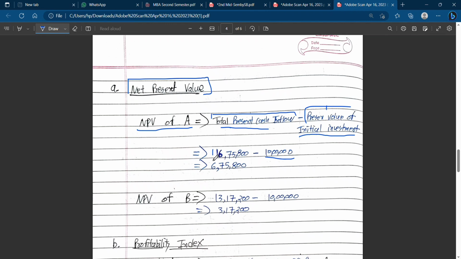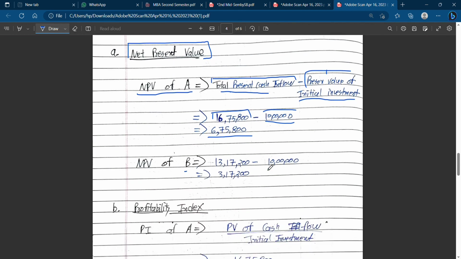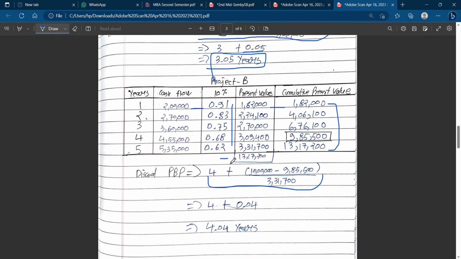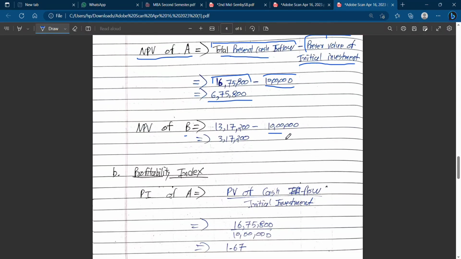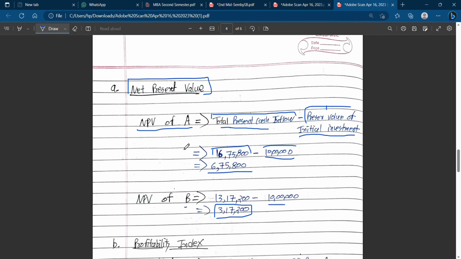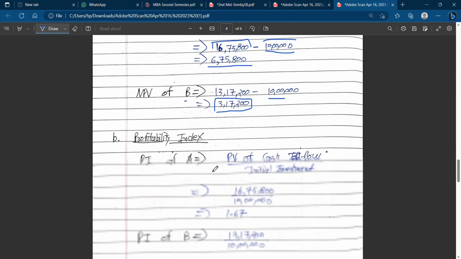So our total present value minus the initial outflow is our net present value. For project B we do the same: the total present value minus the initial investment. The greater amount means the better project. So according to net present value, project A is better.